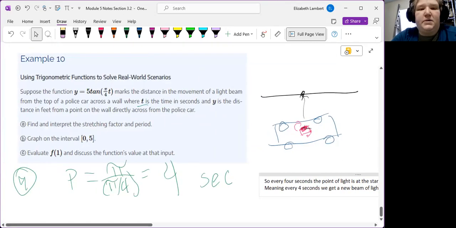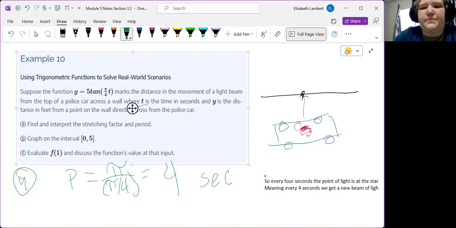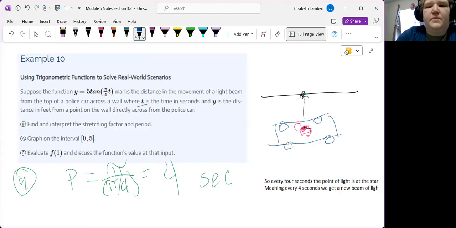All right. So our y value is the distance in feet from a point on the wall across from the police officer. So it's measuring how far away from that center mark it is.